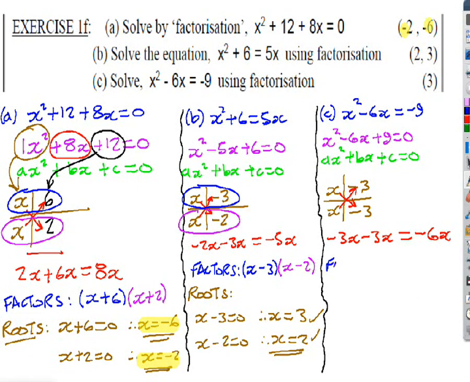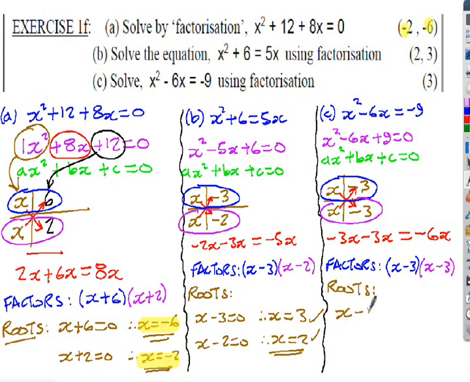So the factors, just reading horizontally across, I will get x minus 3 and x minus 3. Again, I need to find the roots of the equation, so let's find the roots now. So the roots, just equate each of the brackets to 0 and solve. So x minus 3 is equal to 0, so clearly x is equal to 3.